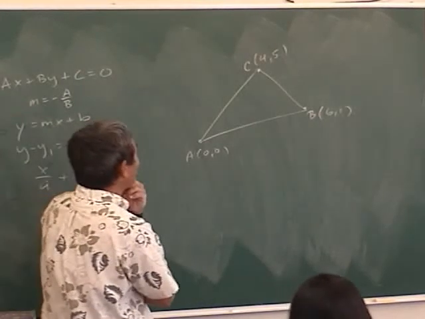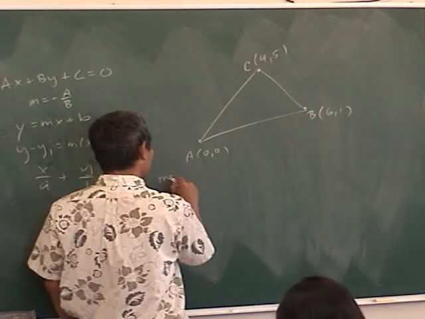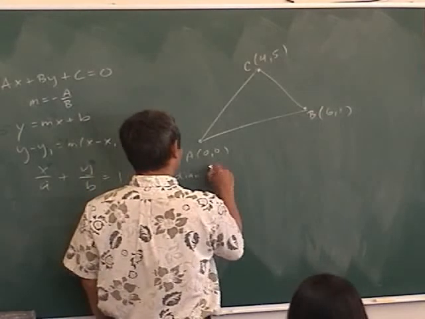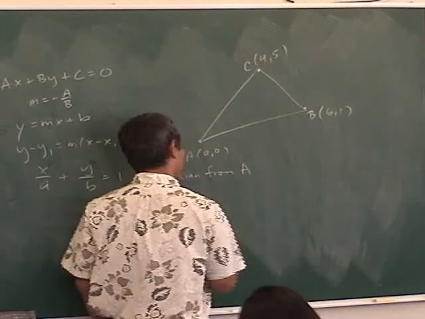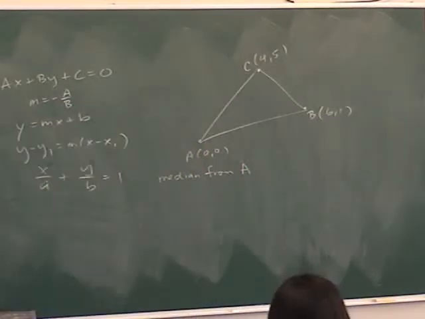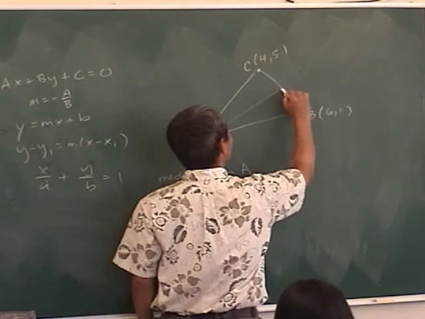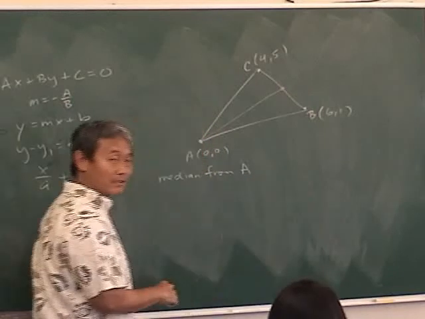Write the equation of the line that contains the median from A. First of all, you have to know what a median is. What's a median of a triangle? It's a segment that goes from A to the midpoint of the opposite side. That's a median.